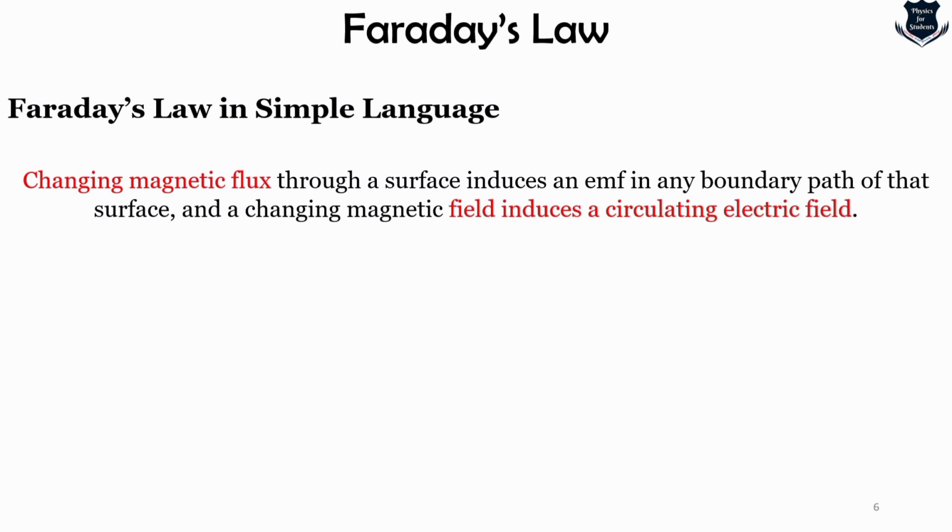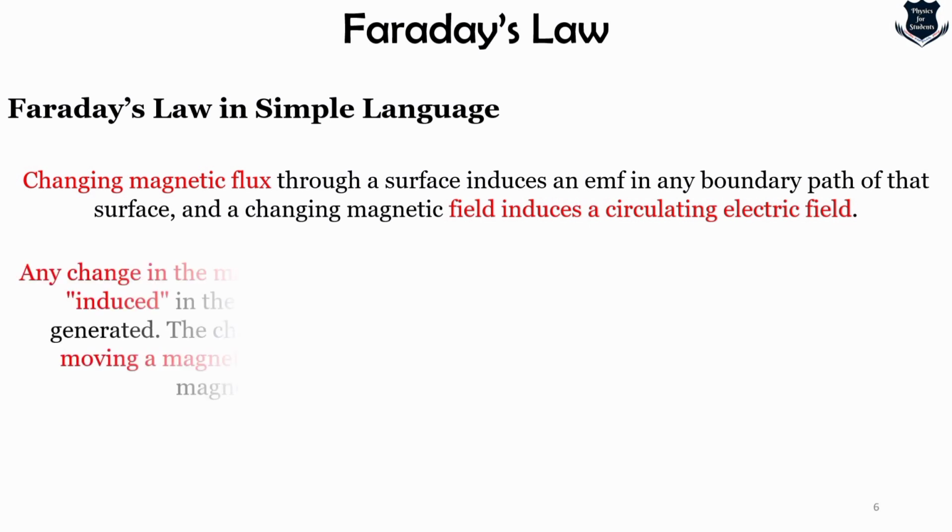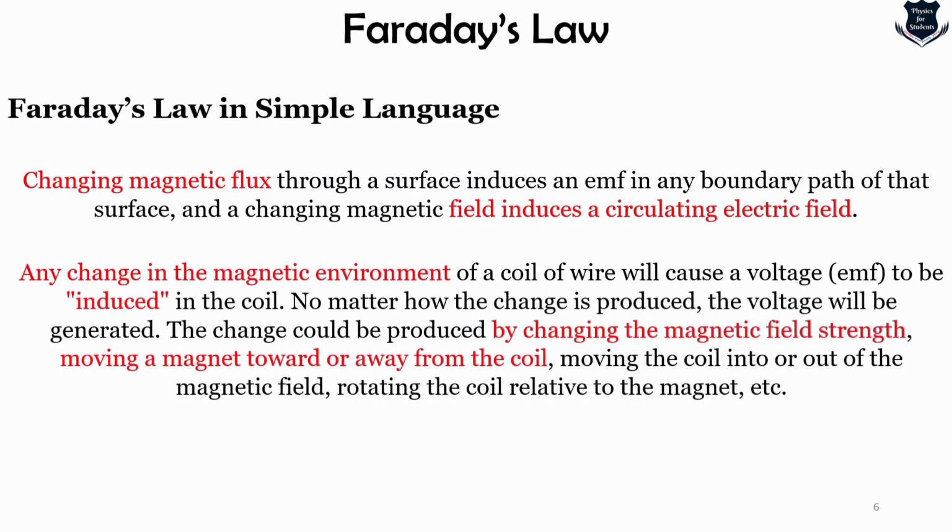So after looking into this equation, I would like to tell you what Faraday's law is in simple terms. Faraday's law of induction is a basic law of electromagnetism, predicting how a magnetic field will interact with an electric circuit to produce an electromotive force or EMF, a phenomenon known as electromagnetic induction. It is a fundamental principle of transformers, inductors, and many types of electric motors, generators, and solenoids.